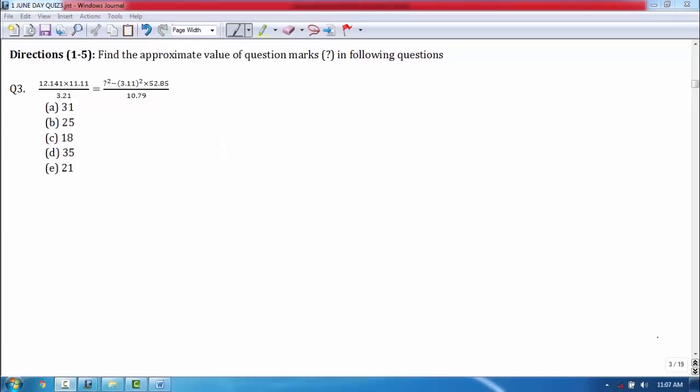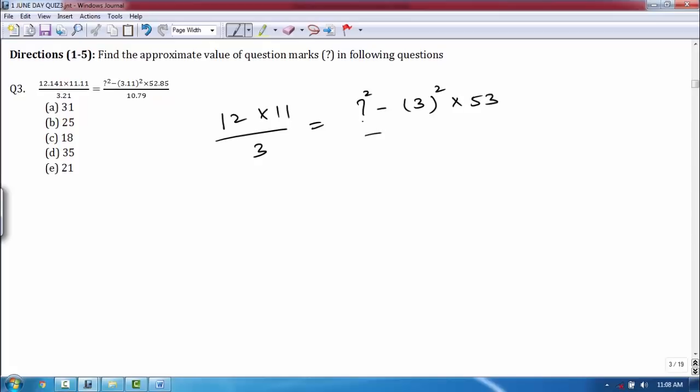12.141 into 11.11 upon 3.21 is equal to question mark square minus 3.11 square into 52.85 upon 10.79. So we get 12 into 11 upon 3 is equal to question mark square minus 3 square into 53 upon 11. So 3 divides 12 by 4.